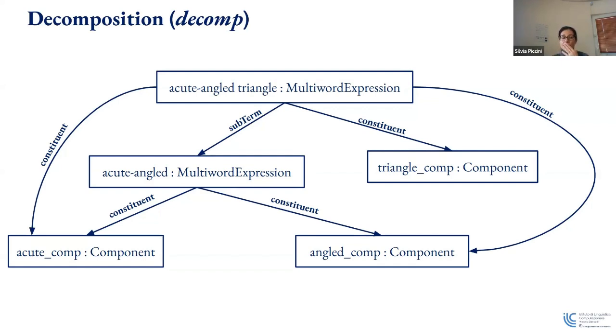Then we have the acute angled triangle multi-word expression linked by means of the relation constituent to another component of the multi-word expression, that is triangle. Okay, so just to formalize the components of a multi-word expression.